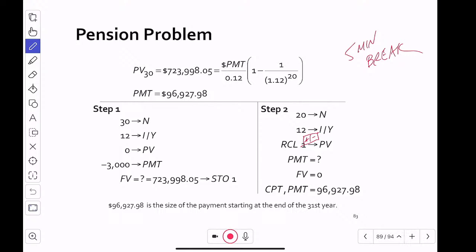Don't you have to put 0 into FV? It's another typo there. Okay, keep at it. I'm going to continue. Just try it again.